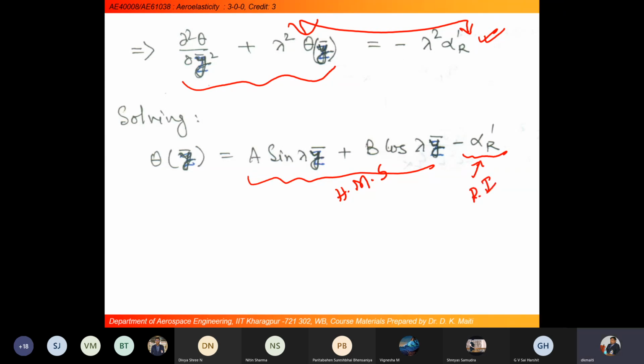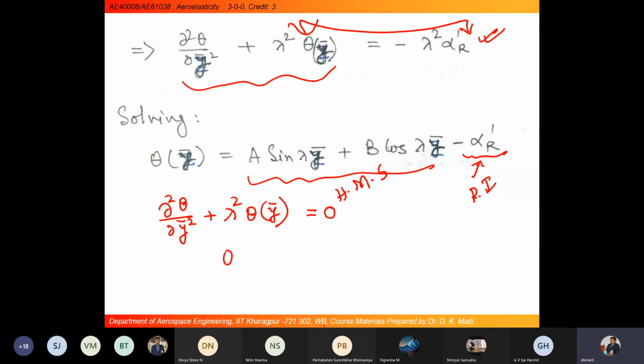Is it clear how I am getting this solution? Basically we have to consider d2 theta by dy bar whole square plus lambda square into theta function of y bar equal to 0. This is the homogeneous equation.